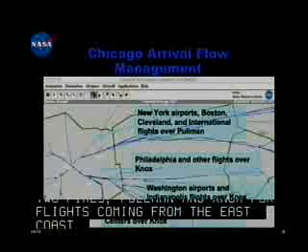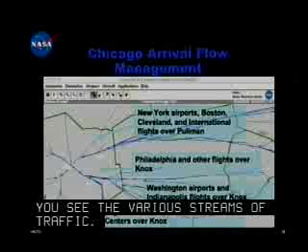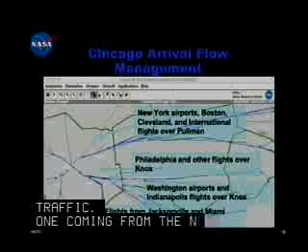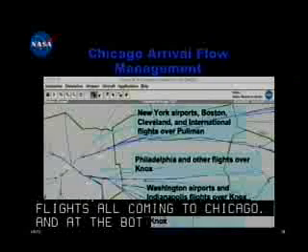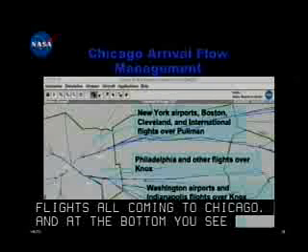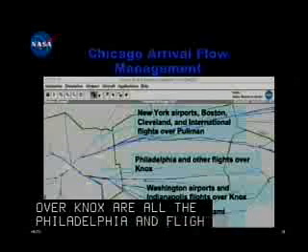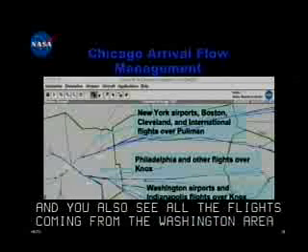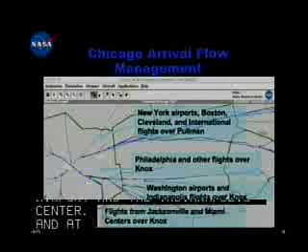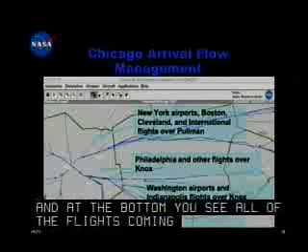You see the various streams of traffic, one coming from the New York airports, Boston and Cleveland centers, and the international flights, all coming to Chicago over Pullman. And at the bottom, you see coming over Knox are all the Philadelphia flights and flights from other airports in that region. And you also see all the flights coming from the Washington area airports and the Indianapolis center. And at the bottom, you see all the flights coming from the south. These are flights coming from Jacksonville and Miami centers.